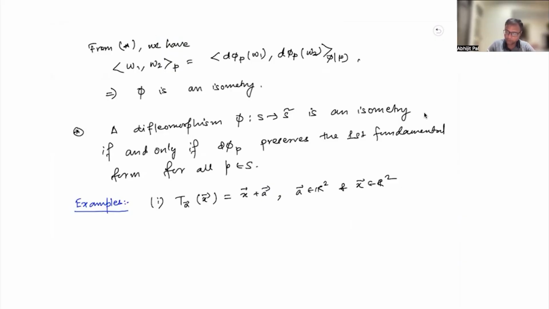Why is this true? If I take the norm of T_A x bar minus T_A y bar, this will be equal to the norm of x bar minus y bar. From this, you can show that translation is an isometry.